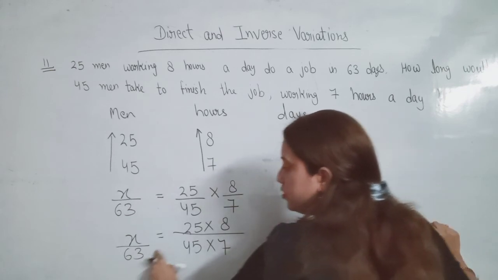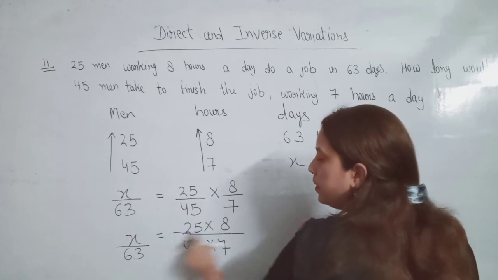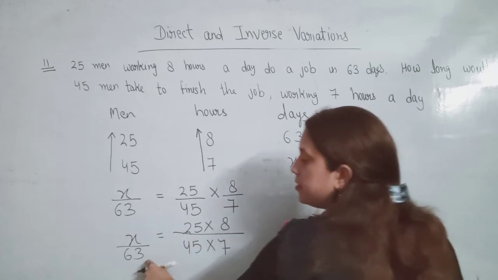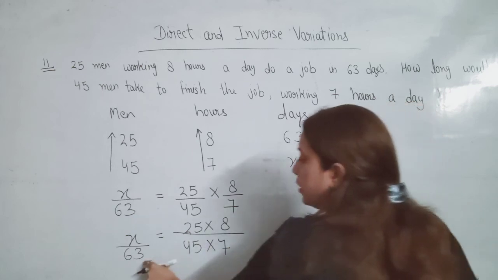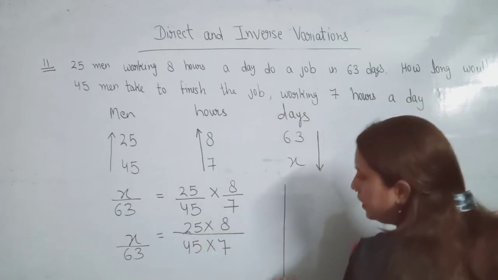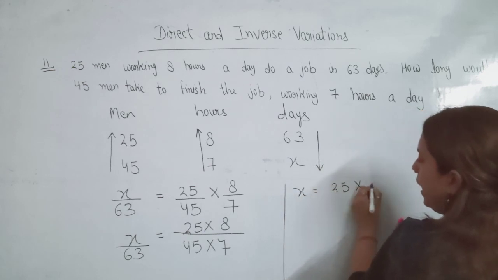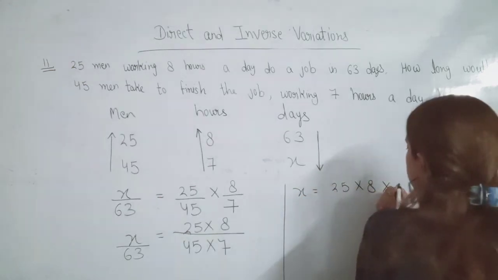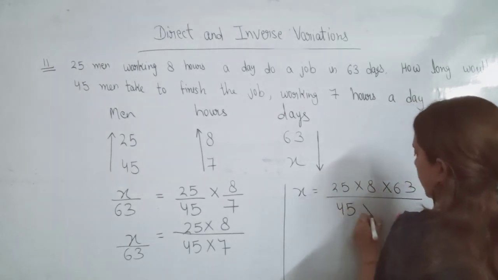We send 63 to the right hand side; here it is in division, so on the right hand side it will be multiplication. So x will be 25 into 8 into 63 upon 45 into 7.